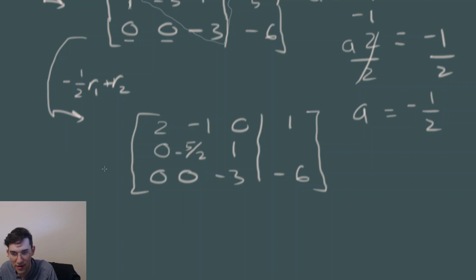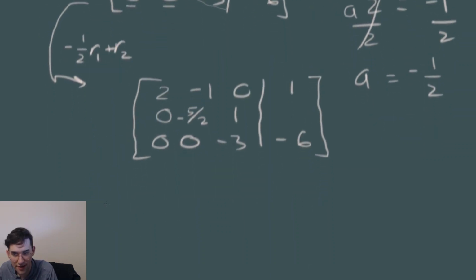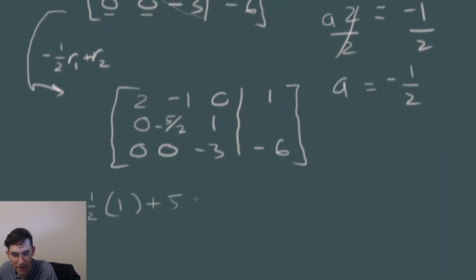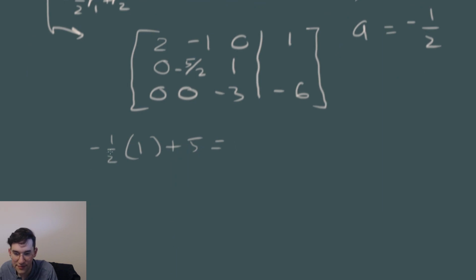So, we have negative 1/2 times 1 plus 5 equals what? Negative 1/2 times 1 is negative 1/2. 5 is actually 10/2. So then we get 9/2.